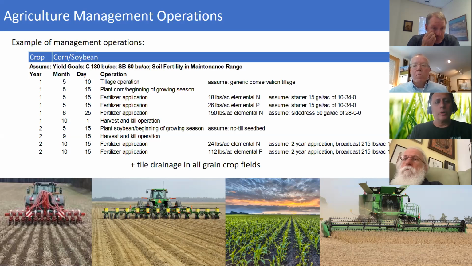And so we see that there's planting early in May, and then fertilizer application in May and June. And then for the soybean rotation, there's an application late in the fall. So it's all the way up to October.